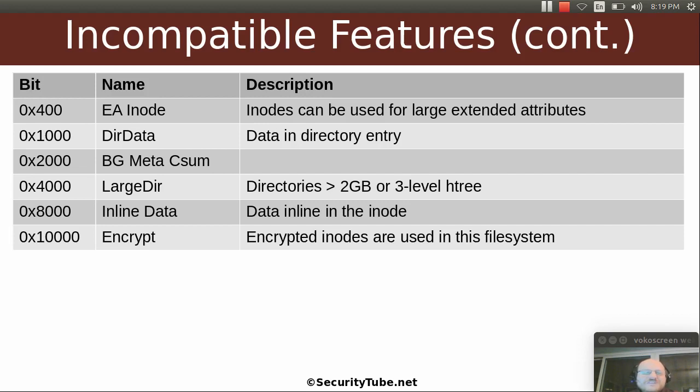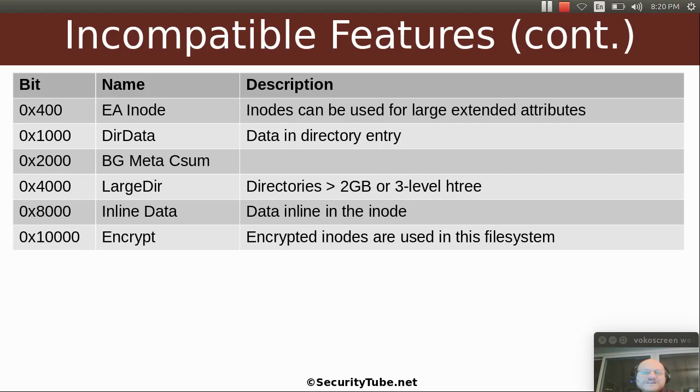The BG meta checksum feature. It's not commonly used, but it allows you to have checksums in the metadata stored inside your file system. Large dir supports directories with greater than 2 gigabytes or 3-level H trees.